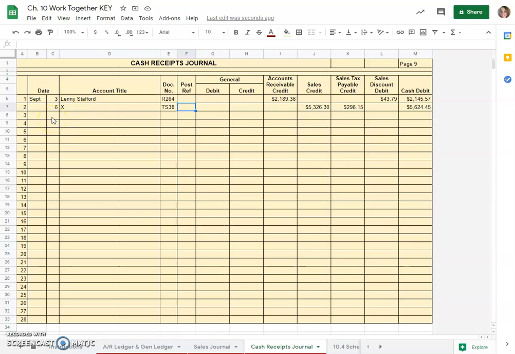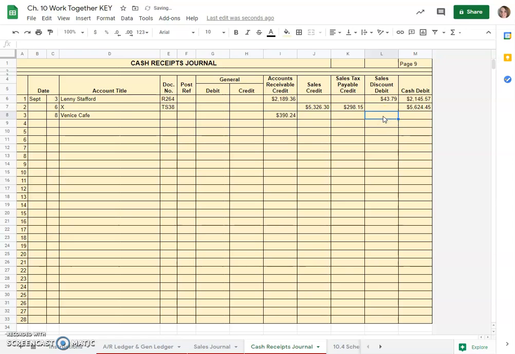All right, next one, received cash on account on the 8th from Venice Cafe. So when we hear cash on account, we know that it was accounts receivable. So this will be an accounts receivable credit of $390.24.